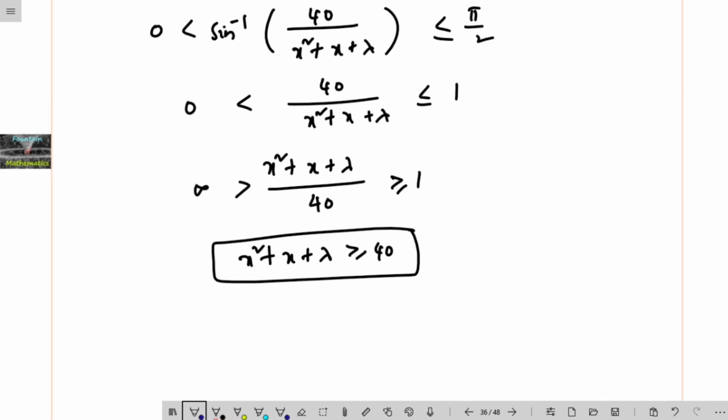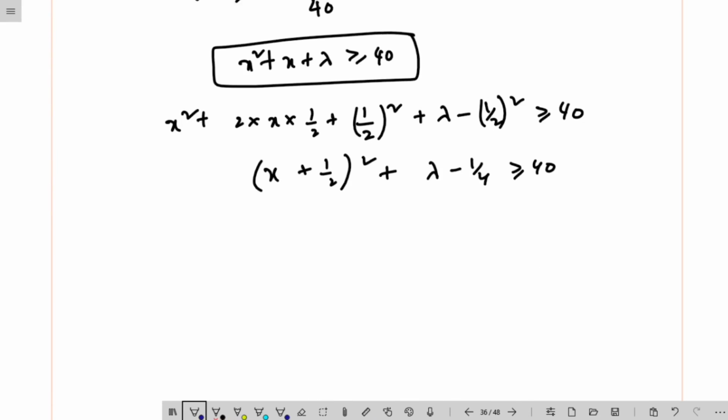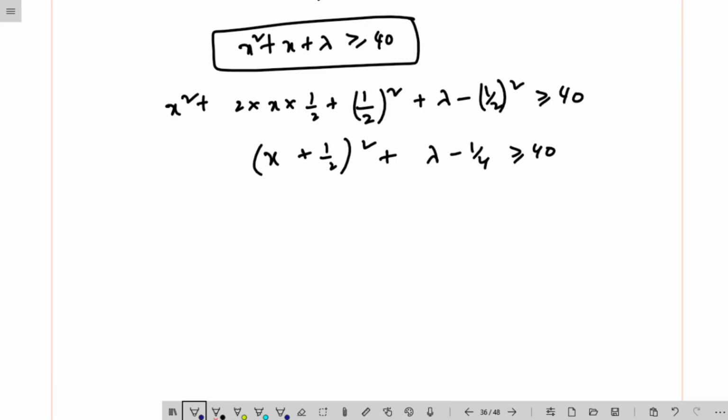And x square plus x plus lambda, if I write x square plus 2 into x into half plus 1 by 2 whole square and again minus 1 by 2 whole square, is greater than or equal to 40, and this is x plus half whole square plus lambda minus 1 by 4 is greater than or equal to 40.